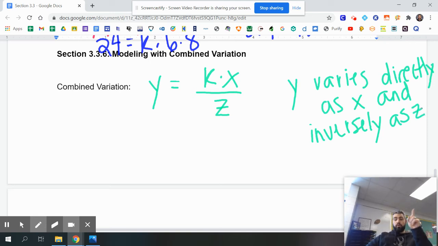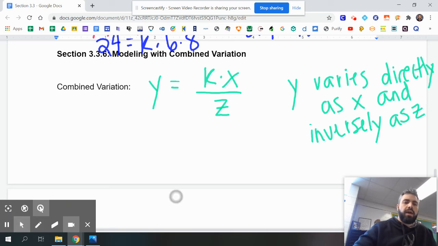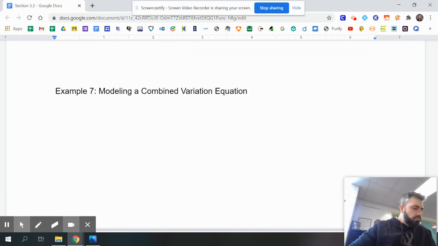Okay, so it's saying both directly and inversely. So if you just say directly, it's direct variation. If you just see inverse, it's inverse variation. But if you see both in it, direct and inverse, that's combined variation. And that's our key phrase that we need to look for, okay? All right, so let's look at a problem, okay?